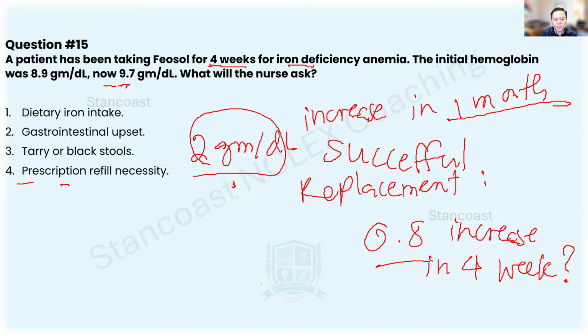So at this point, guys, you have to really think here. Is my patient taking the medication regularly, or maybe they did not get the refill for the drug? Maybe they haven't done that yet, and so they haven't been taking the drug religiously. And so this would be our question: what will the nurse ask? Prescription refill necessity.